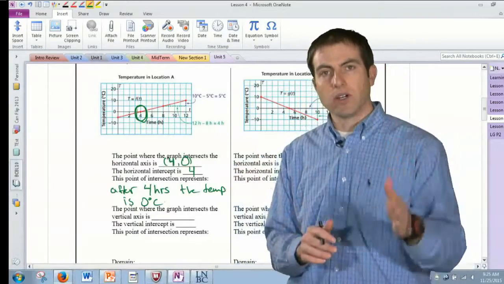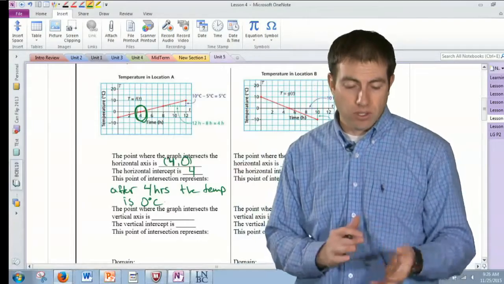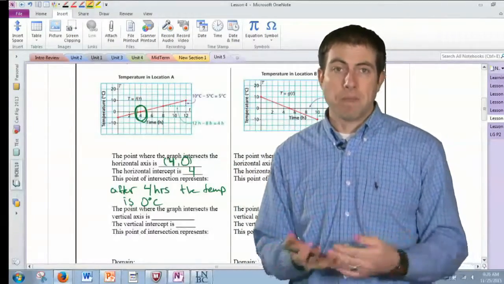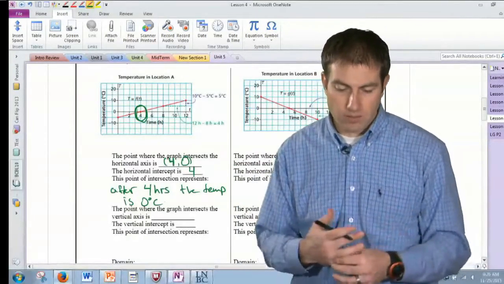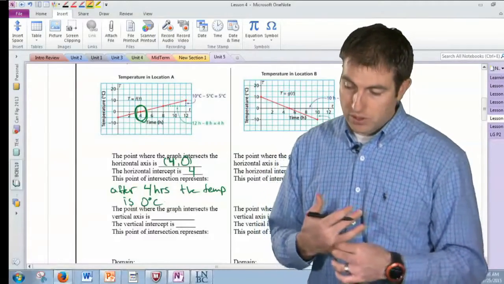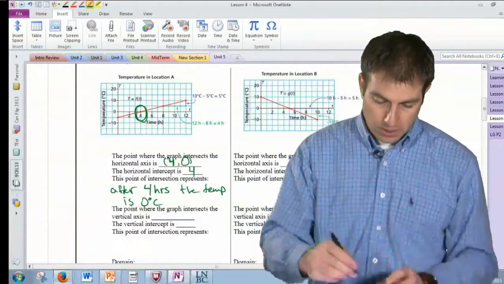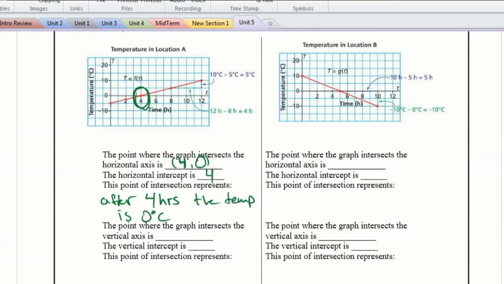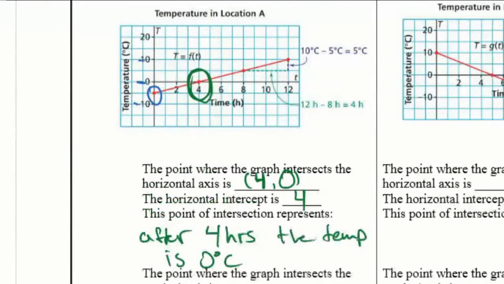Now we're going to talk about the vertical axis. And in this case, the vertical axis is representing temperature. And I just read that right off the graph. And where the graph intersects the vertical axis in this particular question is right down here. So where is that? Well, if I look, this is 0, this is 10, this is 10, this is 20.